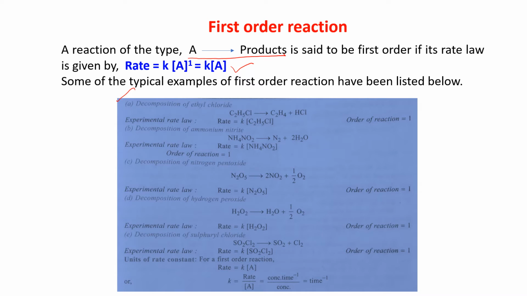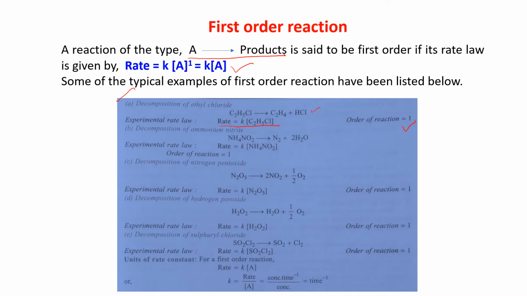C2H5Cl gives C2H4 plus HCl. It is experimentally shown that rate is equal to K C2H5Cl to the power 1, which is not written here. So the order of reaction is 1.